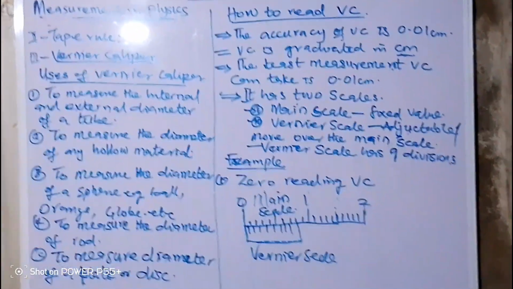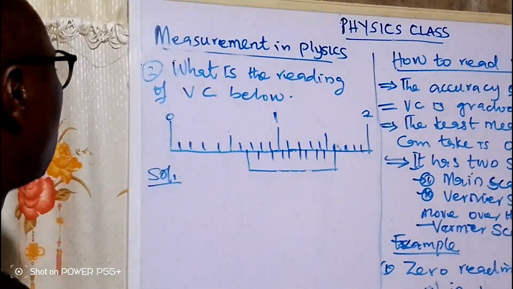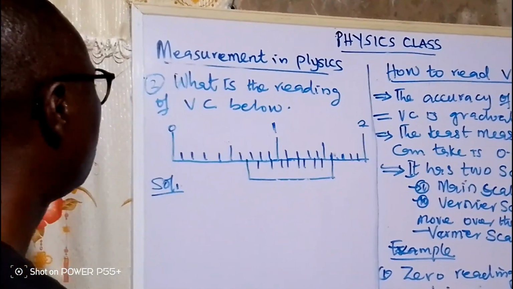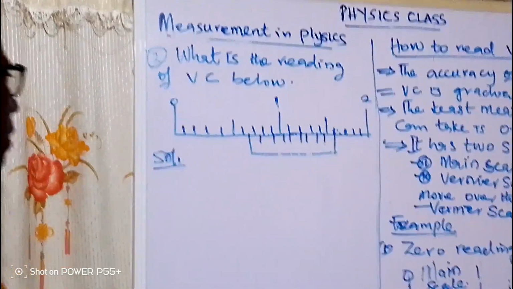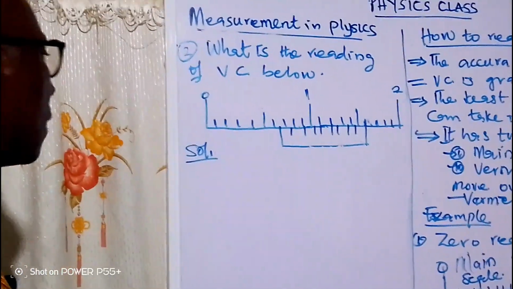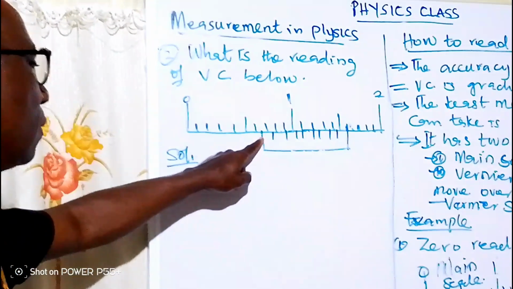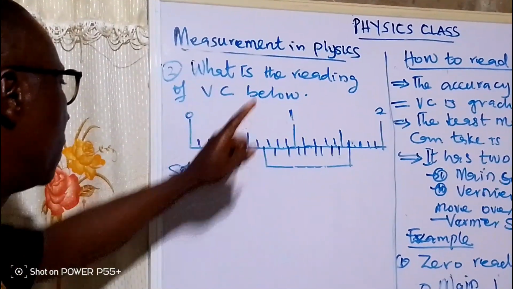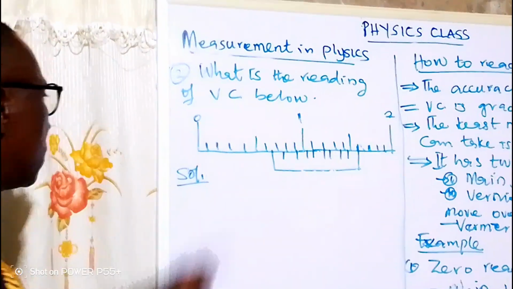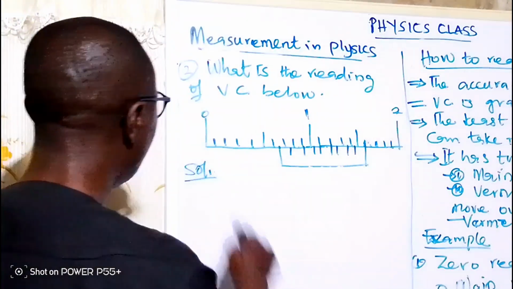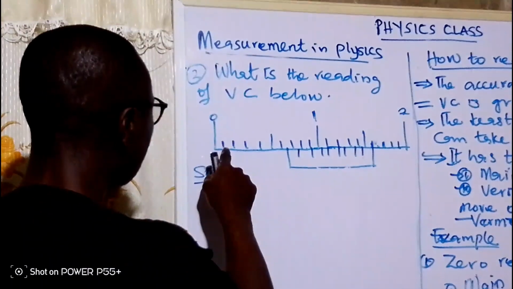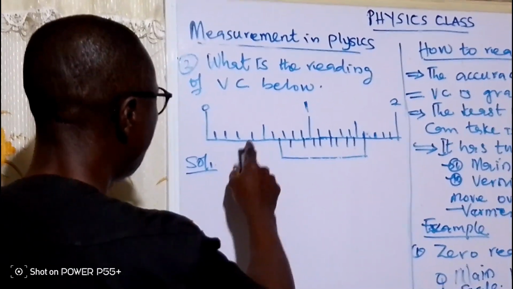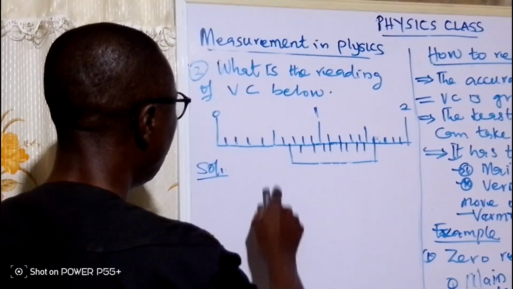Look at this number 2 example. What is the reading of vernier caliper below? The first thing you need to look at is the zero arm of vernier scale, where it lies on the main scale. This is 0, 0.1, 0.2, 0.3, 0.4, 0.5, 0.6, 0.7.